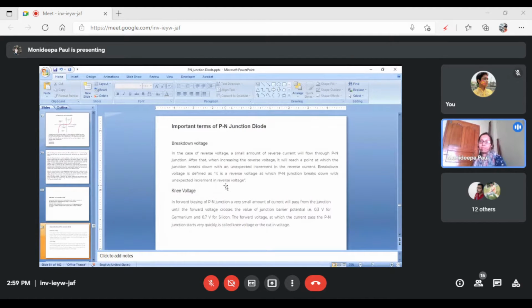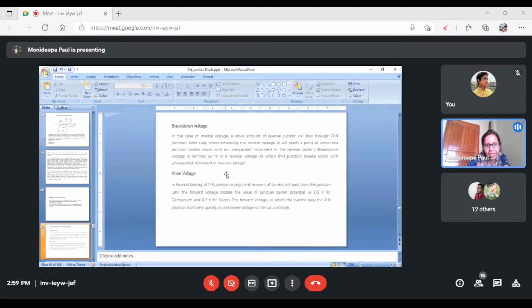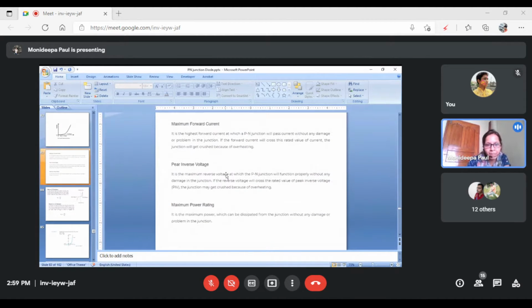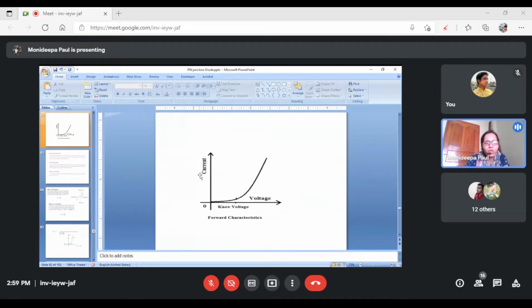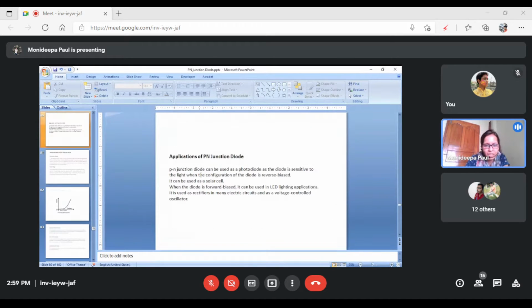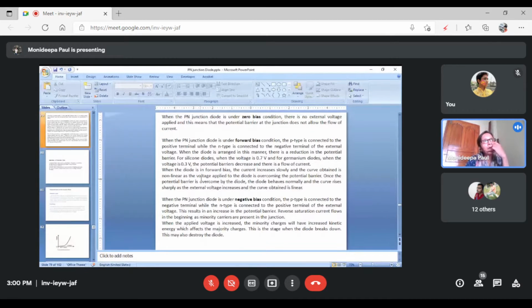Here you write some important points: the breakdown voltage, knee voltage, maximum forward current, peak inverse voltage, and maximum power rating. I told you that in the reverse bias region, if we increase the voltage, then the diode breaks down.